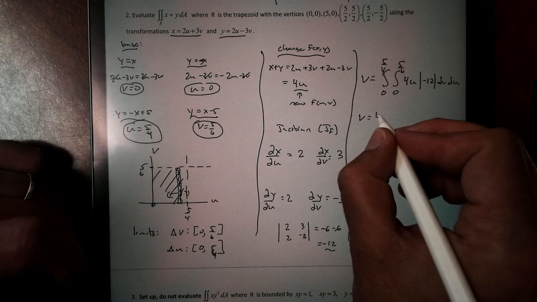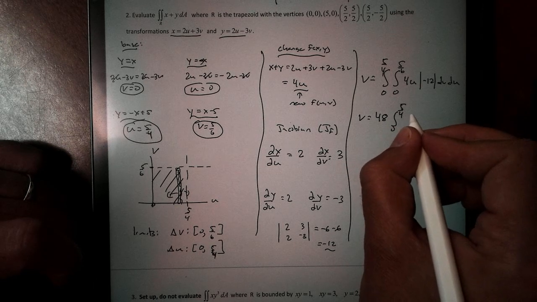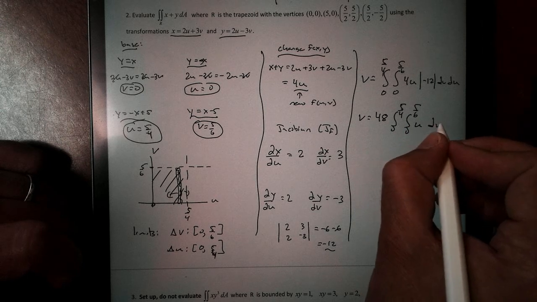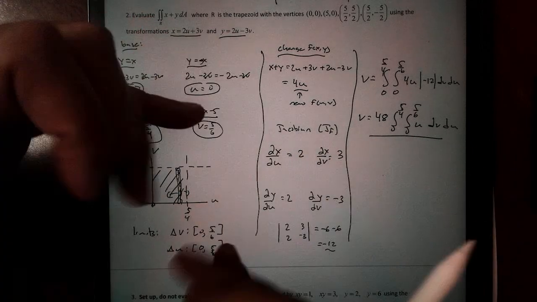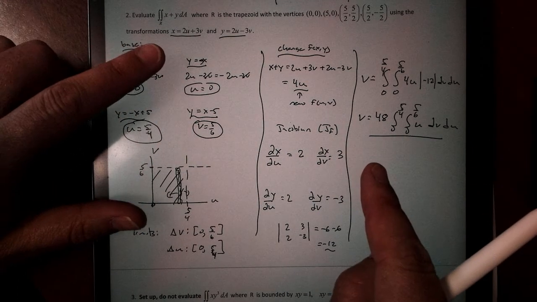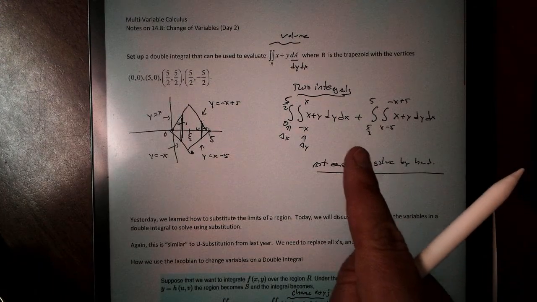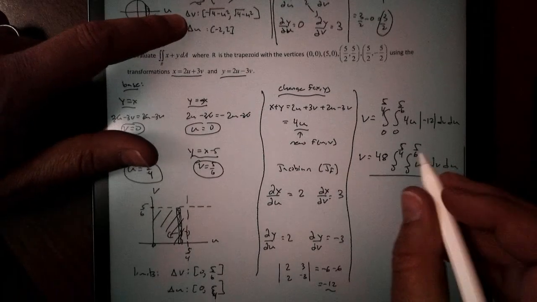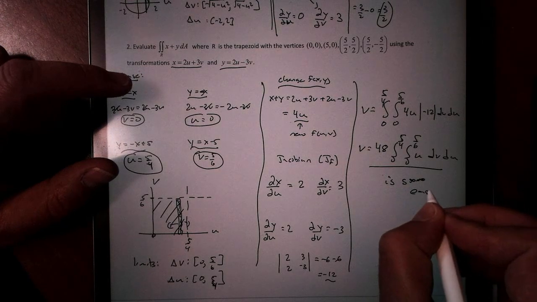So I can write this as 48 times the integral from 0 to 5 over 4, of the integral from 0 to 5 over 6, of u dv du. This was a little bit of work, but honestly, the more practice you get, the faster this becomes. But just look at this integral and compare it with the original. Where that was not easy to solve by hand, this one is so easy. I'll let you do it.